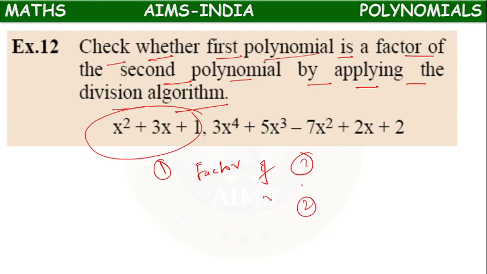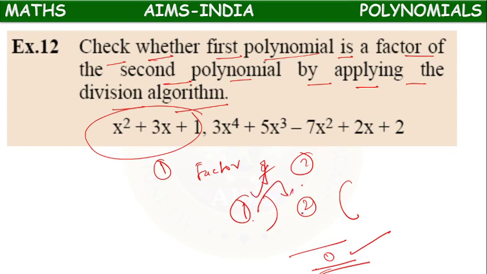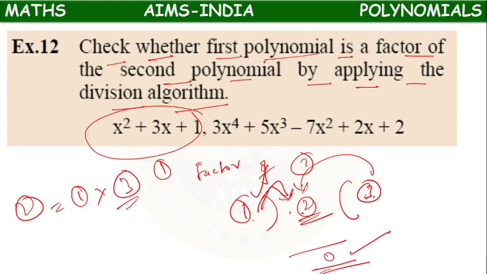If second polynomial divided by first polynomial, if the remainder is 0, then first polynomial is said to be a factor of second. Not only first one, third polynomial quotient will also be a factor of second polynomial, or second polynomial can be written as the product of first and third when the remainder is 0. Okay.